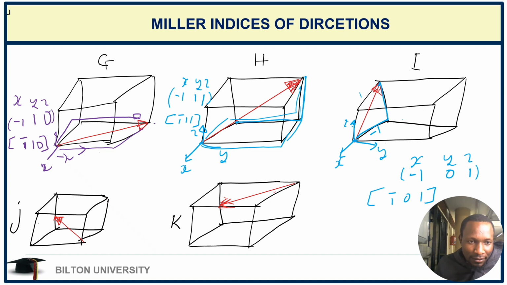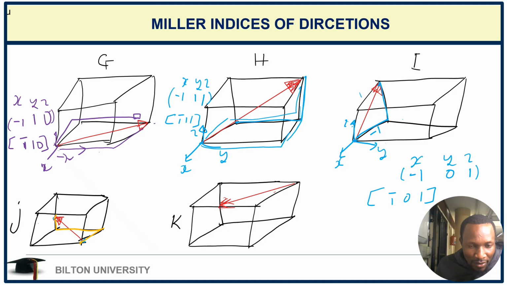Let's look at J. This is our point of origin, and it ends at half of z. This is the tip. For me to reach that point, I have moved 1 full length in the minus x, and then 1 full length in the minus y, and half in the z direction.